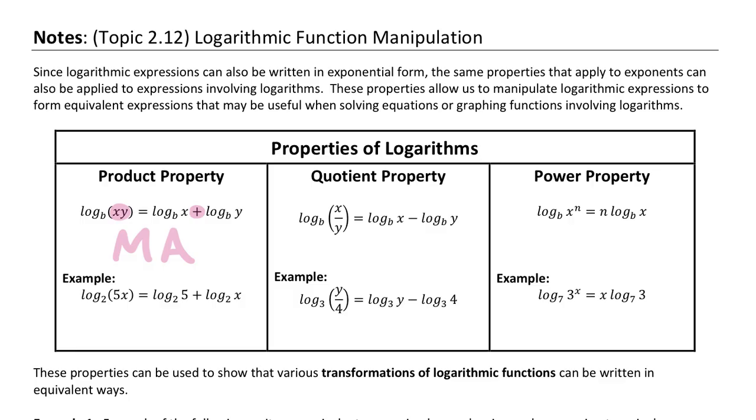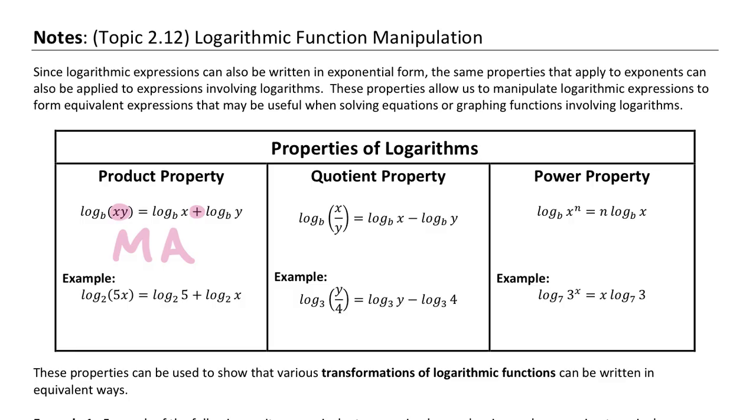If we are multiplying bases, we add the exponents. If we've multiplied inside a logarithm, we add to separate. So for example, if you see log base 2 of 5x, that's 5 times x, yes? So I can separate that into log base 2 of 5 and log base 2 of x. I separated multiplication with addition.